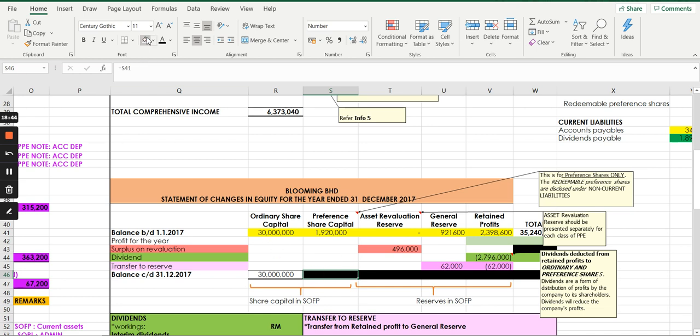So preference share capital, no changes. Asset revaluation reserve, beginning balance, none. At the end, it is 496. General reserve at the end, 983,600. Retained profit, 5,417,640. Look at the general reserve. There was a transfer to general reserve.